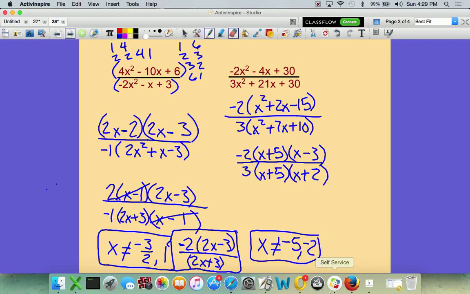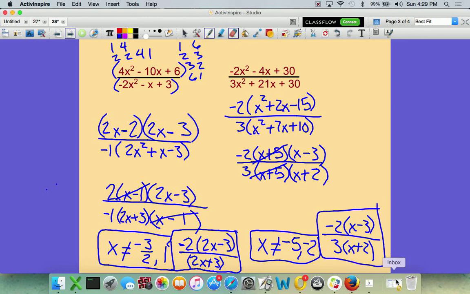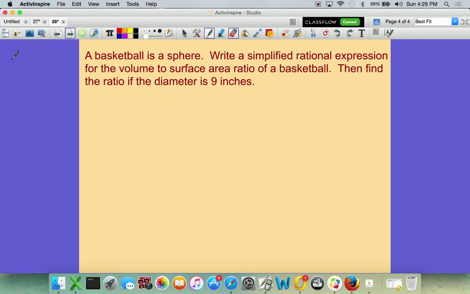And then we simplify from here, the x plus 5's go away. Our answer is negative 2 times x minus 3 over 3 times x plus 2. Alright, so it doesn't look a ton simpler, but technically it is because we took out these x plus 5's here. Alright, one more to go.